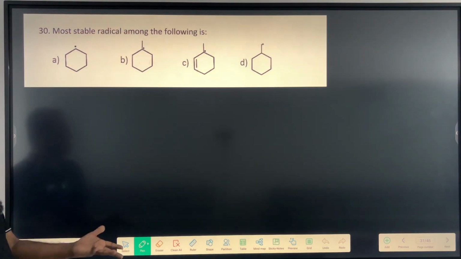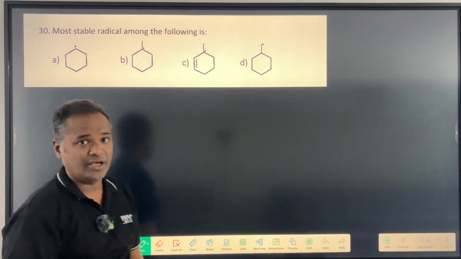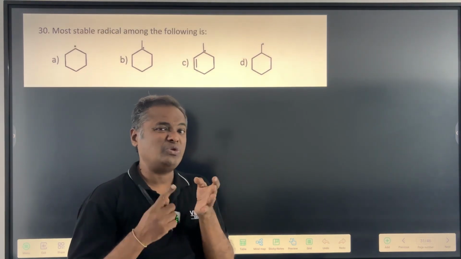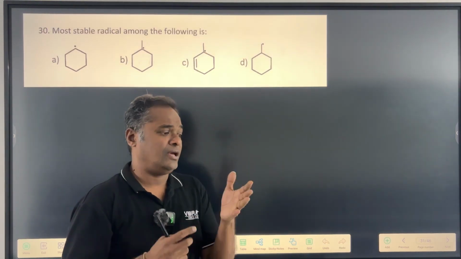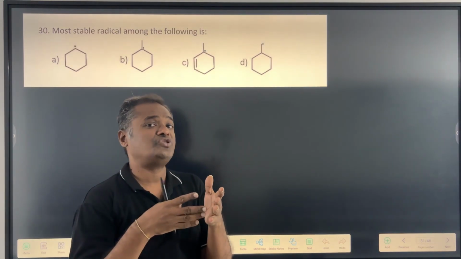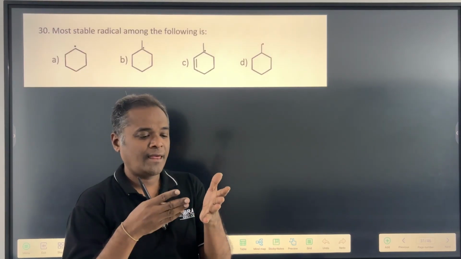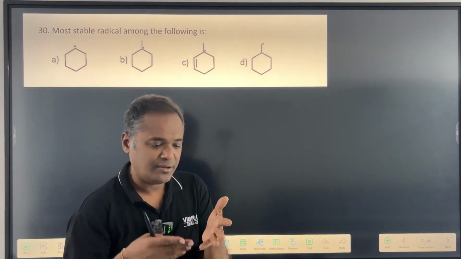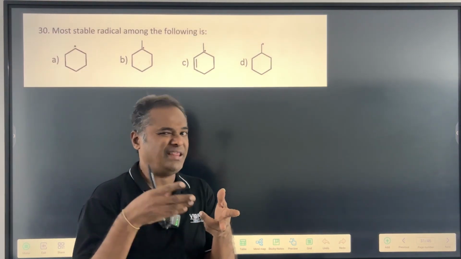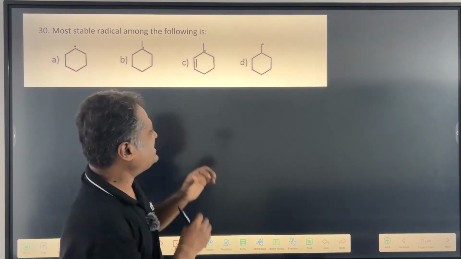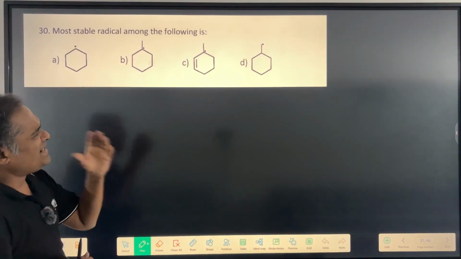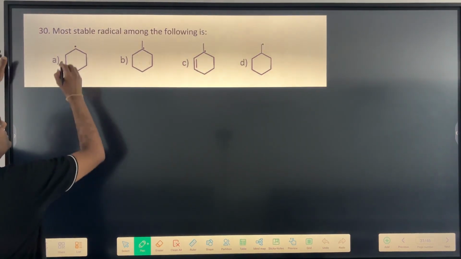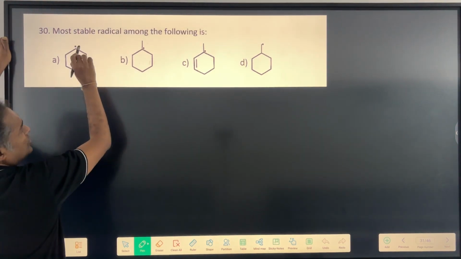Now, basically, when you talk about stability of intermediate, you need to check the effects, and always the priority effect which you need to first check is resonance, then hyperconjugation, and then inductive effect. Now, in this example, you can clearly make it out very easily that over here there is a free radical, but there is no resonance involved.